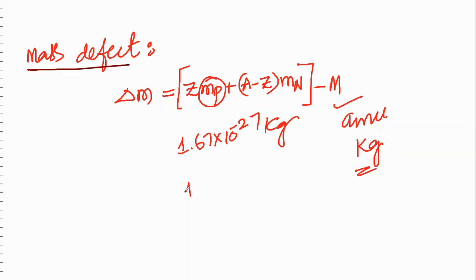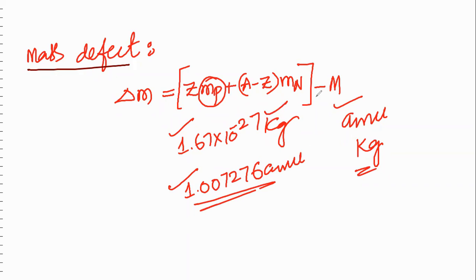We may take it like this, or like this. If you take kgs, the mass defect will be in kgs. If you write the mass of the protons and neutrons in atomic mass units, we get the mass defect in atomic mass units. It is required. Why? In binding energy, we write the mass defect. What is binding energy?